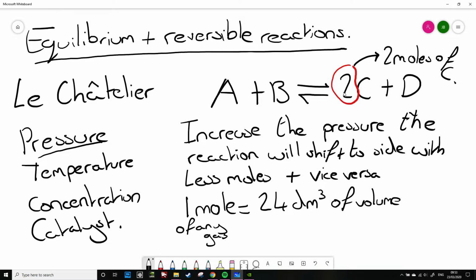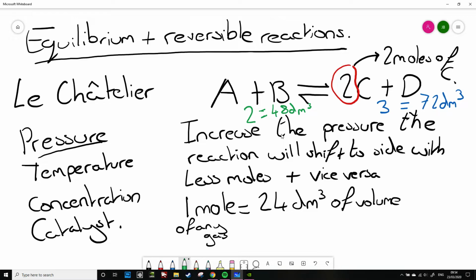Now, if we go back to our example up here, we've got 3 moles on the right, and on the left we only have 2 moles, because we've got 1, 2 moles. 1, 2, 3 moles. Now, if we apply this here, 1 mole equals 24 decimeters cubed, but this side will equal 3 times 24, 72 decimeters cubed worth of space, whereas on the other side, this will equal 48 decimeters cubed worth of volume.